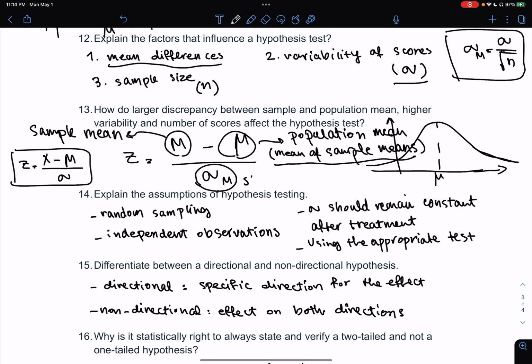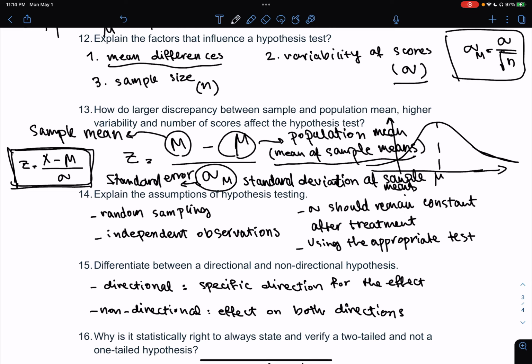So this is a standard deviation of sample means, which is technically also the standard error. So we're not doing anything differently, we're just using the same formula, but we are changing what values we are using.